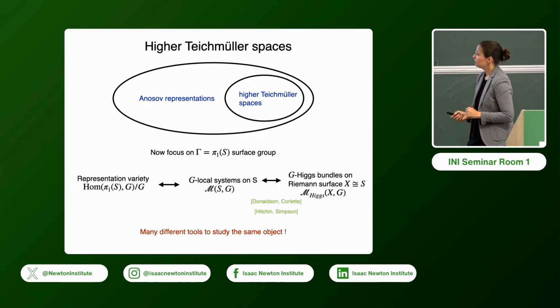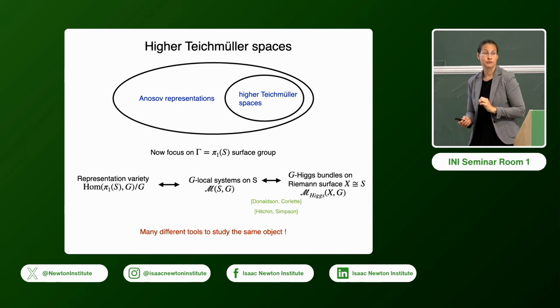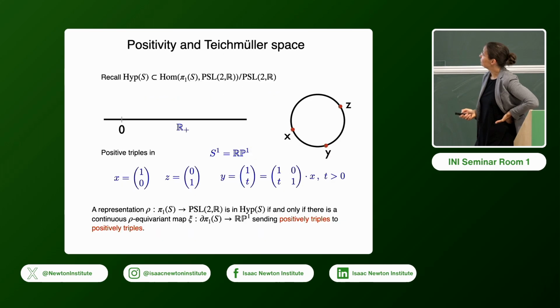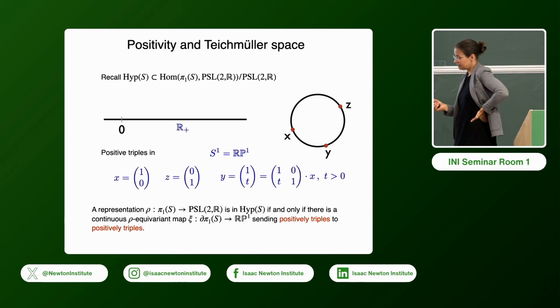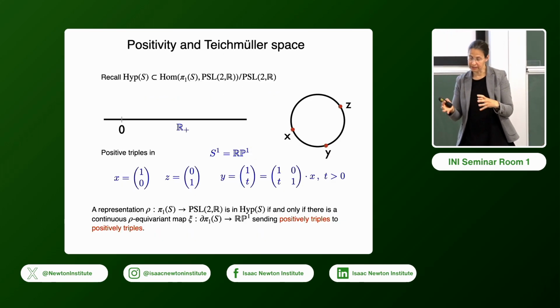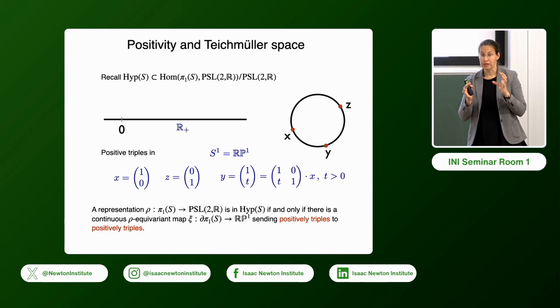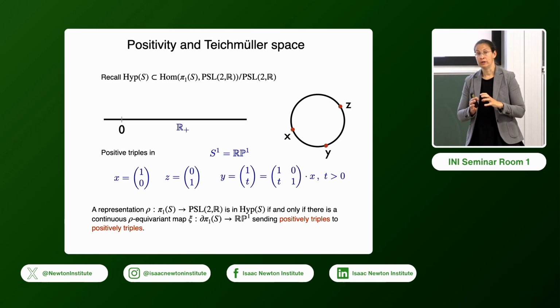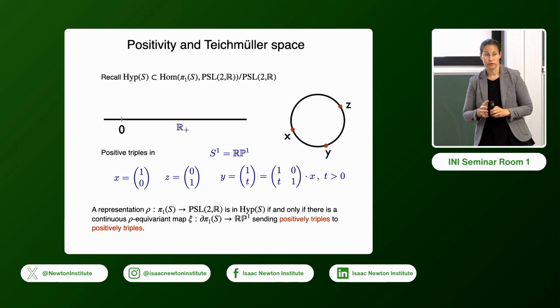I'm not going to use it at all, but once we take the fundamental group of the surface, we have many more tools than we had for an arbitrary finitely generated group, because there's a correspondence between the representation variety and local systems, which we always have, but then also with so-called Higgs bundles, which gives us new tools to study the same object. But I'm not going to use them. Now I want to describe a bit this higher Teichmüller space, and in particular come to this notion of positivity, which is intimately related to higher Teichmüller space.